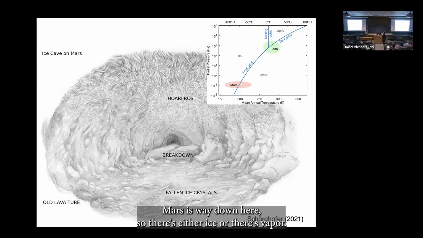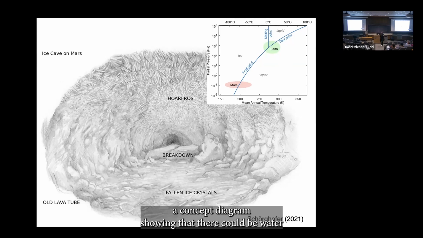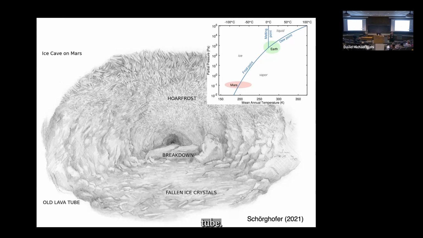Mars is way down here, so there's either ice or there's vapor. There's not liquid water, and this is a problem for life, right? Because we need liquid. So bear that in mind. But this is a concept diagram showing that there could be water ice that's useful for humans in lava tubes.